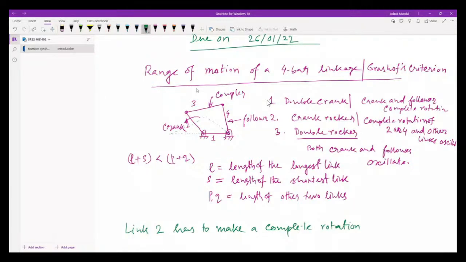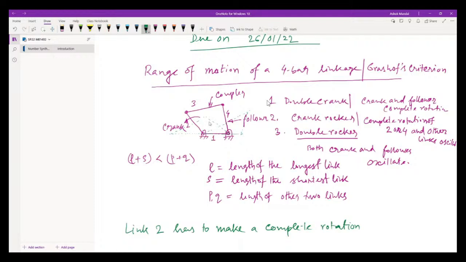On the other hand, 2 can be at this extreme. These are the two extreme positions of 2 with respect to 1 that I am drawing, and at that time maybe 3 can be here and 4 can be like this or somewhere according to the geometry.